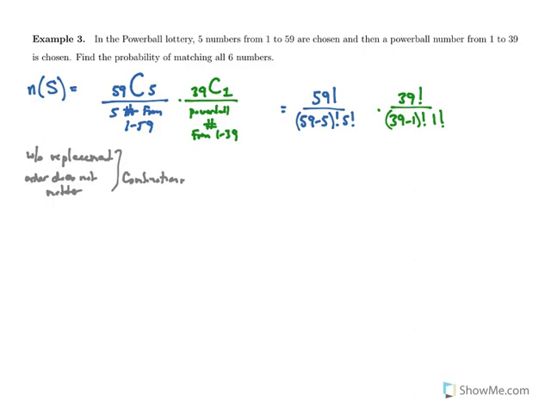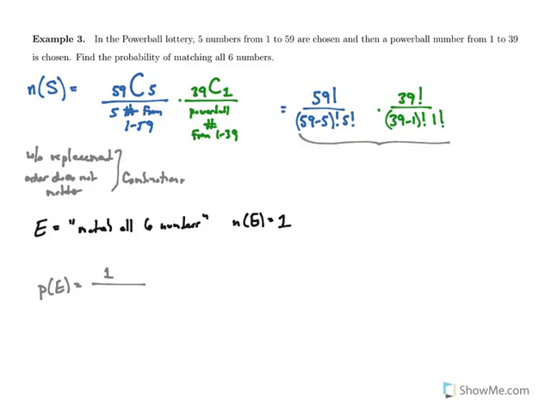We also need to think about our event. Our event E is we match all 6 numbers, and there's only one way to do this. So our probability is going to be 1 over whatever this whole thing is equal to.